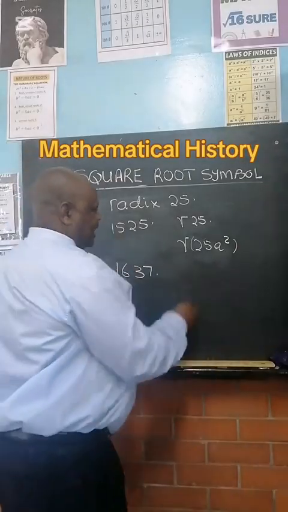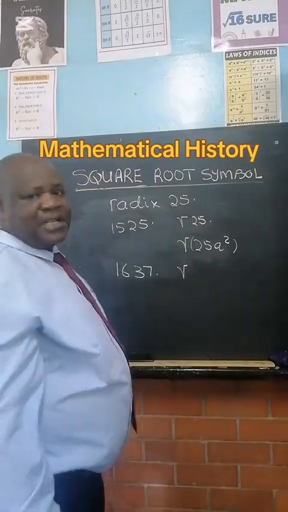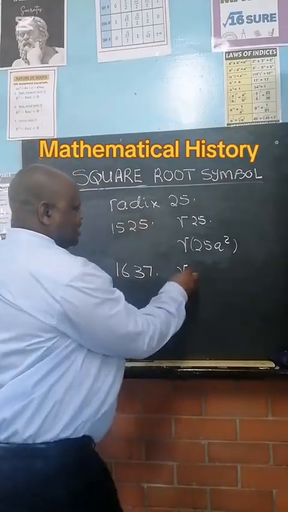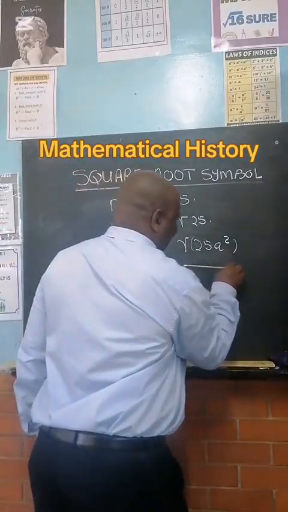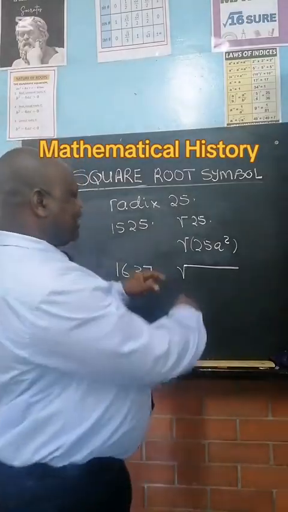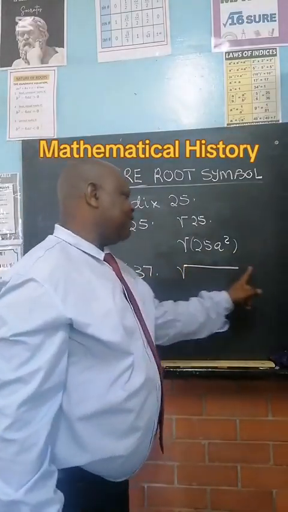He decided that, okay, let's maintain our R for radical or root or radix, but let's put a vinculum. This one is called a vinculum. A bar extended to the R sign is called a vinculum.